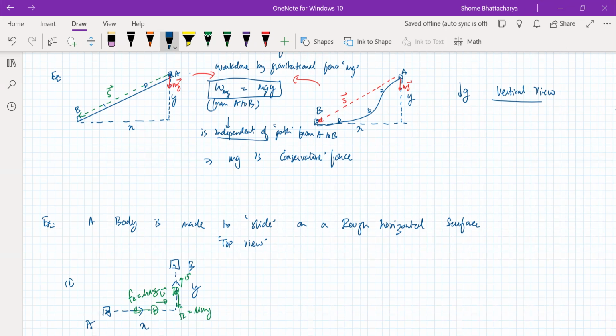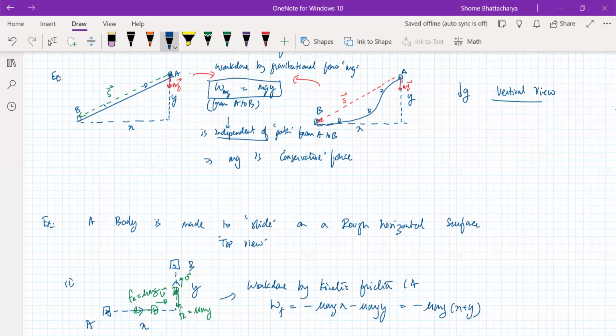So what about the work done by kinetic friction in this case? The work done by kinetic friction will become minus mu mg x minus mu mg y. So it will be minus mu mg times (x plus y) from A to B, via the path shown. That is path one.